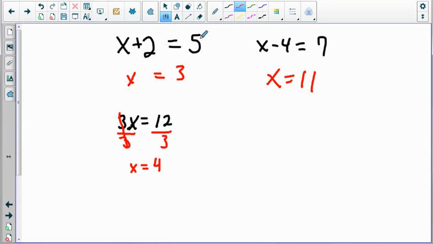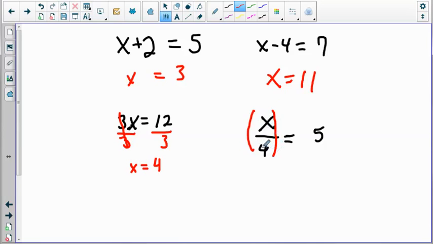And then probably the most complicated one is whenever we end up with a division problem that we need to undo. So let's say that we have x divided by 4 is equal to 5. What number divided by 4 is equal to 5? Well, you undo division with multiplication. And what do you multiply by?